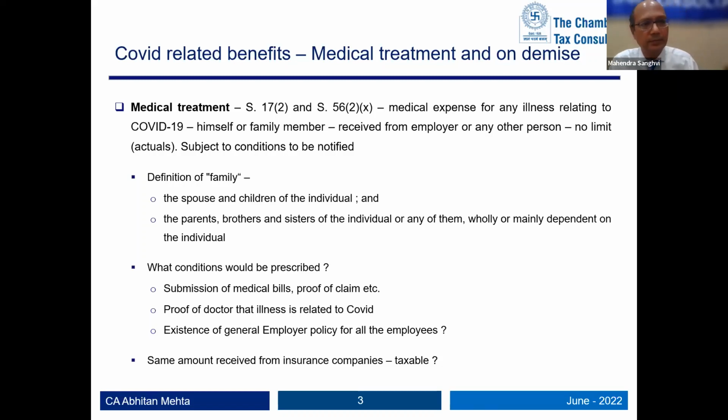I would say this is similar to receiving a gift from a relative, which you don't disclose. Now, proof from the doctor that the illness is related to COVID: I have experienced this.